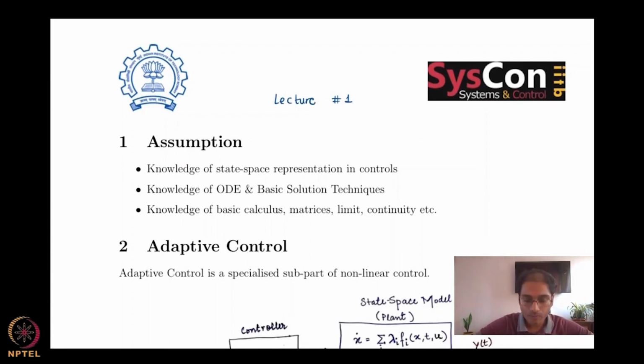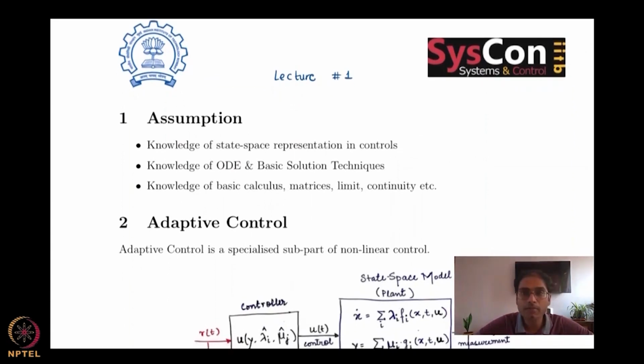We assume some basic background when we are doing this course. The first is that all of you have some basic knowledge of state space representation in controls. This is typically covered in our department in a course called Systems Theory, but it is also covered in a second level controls course.